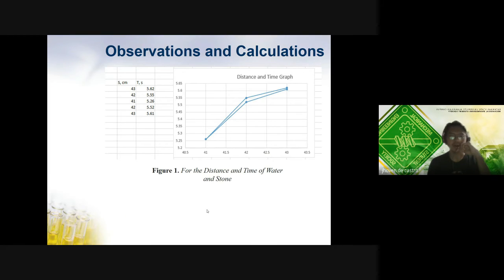Presented is the distance and time of water and stone plotted in the graph.